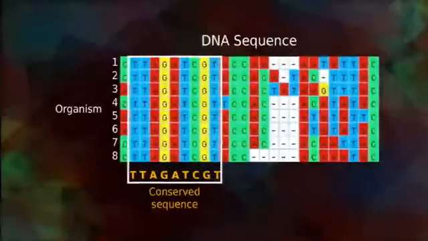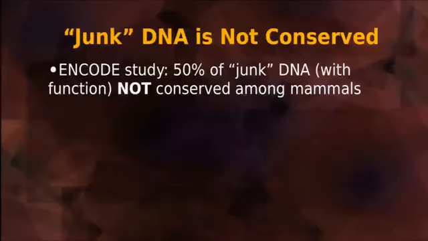Evolutionists believe that as organisms evolved, these certain DNA sequences were kept, or conserved, because they were important and functional. So especially among mammals, you would expect a lot of these conserved sequences because they're so closely evolutionarily related. But they didn't find that.